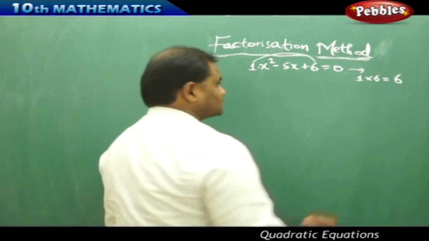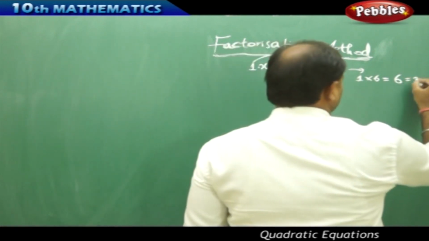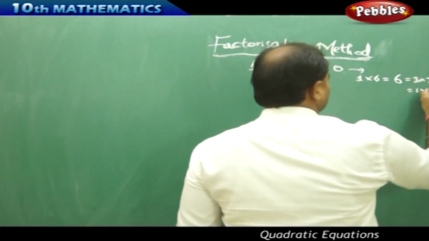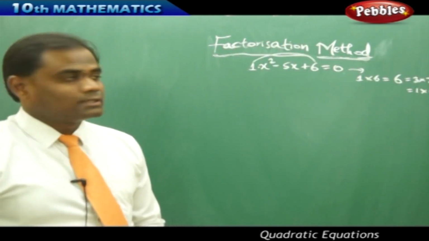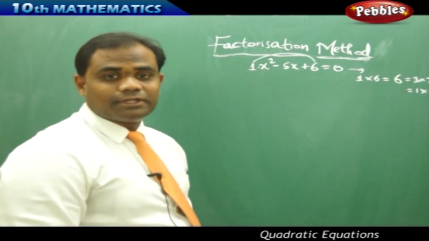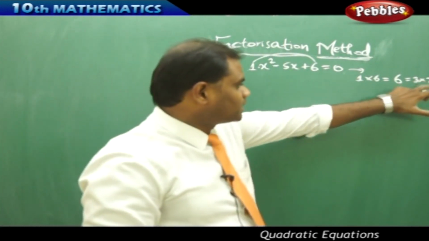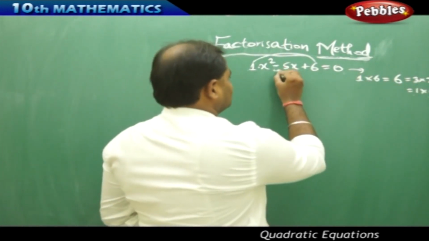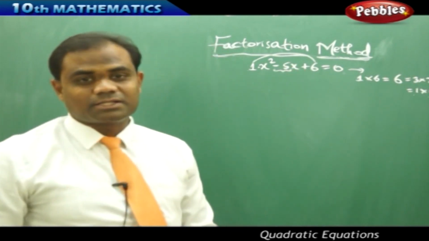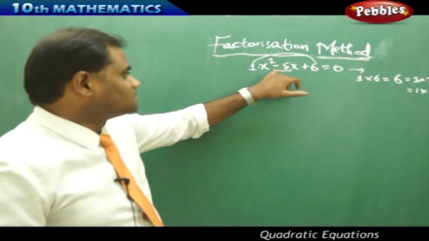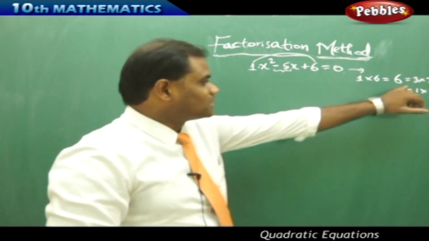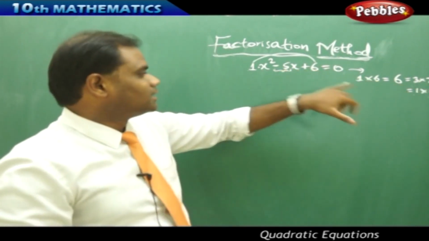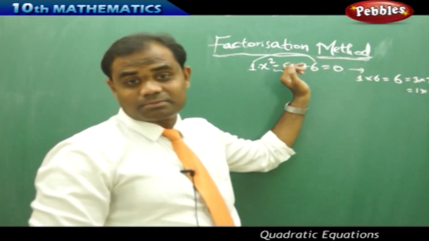The factors are 3 times 2 and 1 times 6. And we need to see that either when we add or subtract the factors, I must get the middle term, which is b, negative 5. So clearly I see that 3 plus 2 gives me 5 and 6 minus 1 also gives me 5.